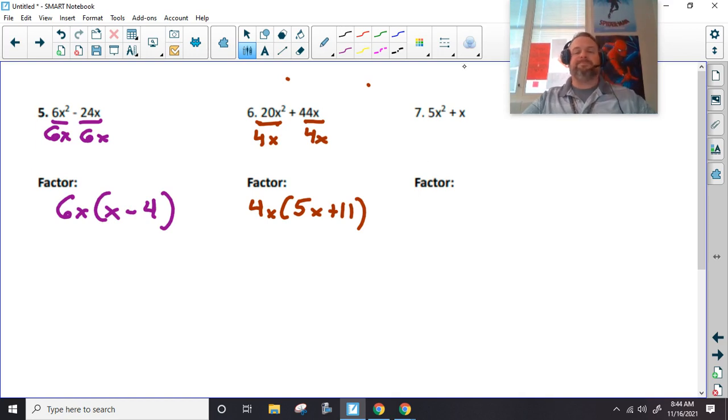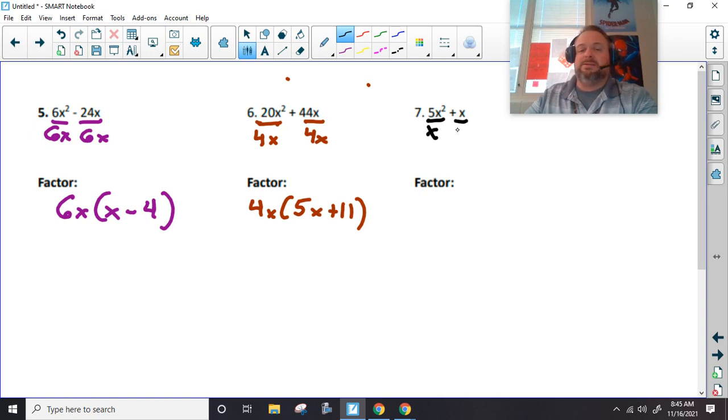Now, number 7, we have a 5x squared and an x. The only number we can actually take out of that would be 1. But what about the x's? What can we take out of it?